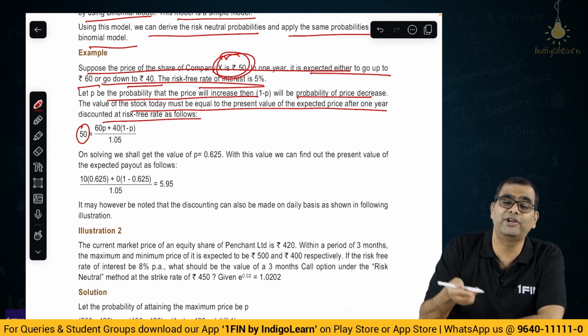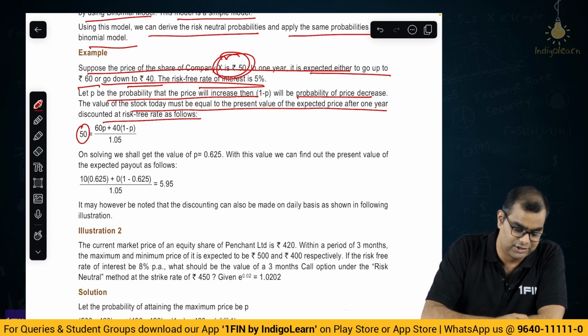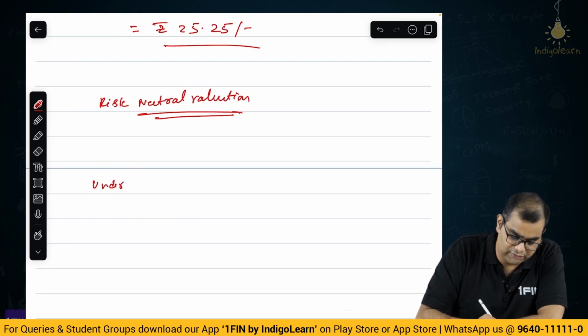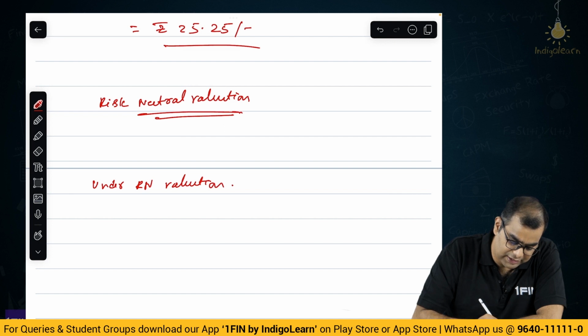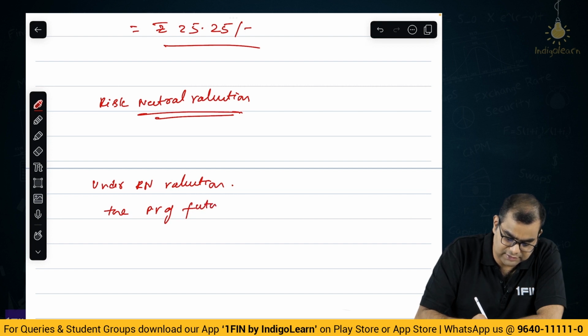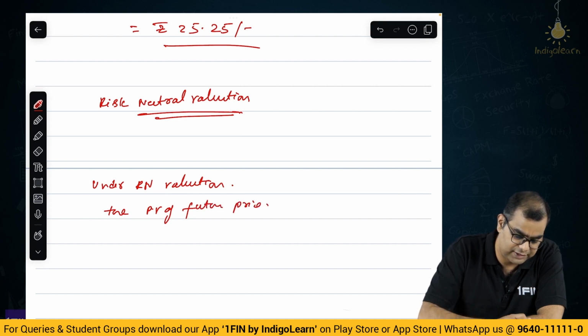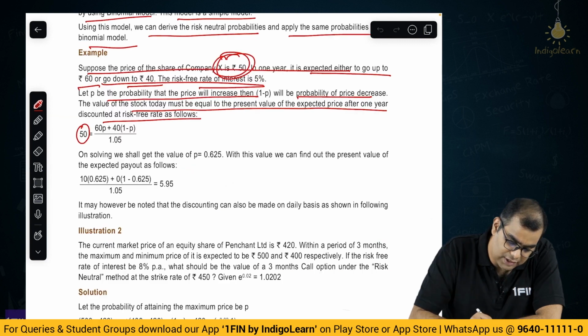So this is what you have to state in risk neutral valuation. Under risk neutral valuation, I am writing short form purposely. Please don't write short form in the exam. What is the exact wording they used?